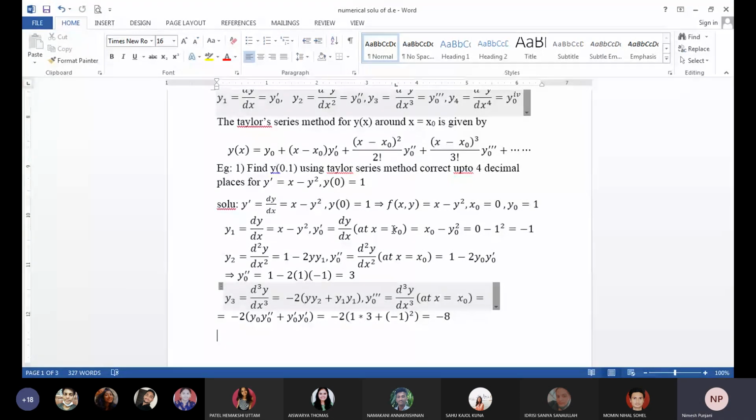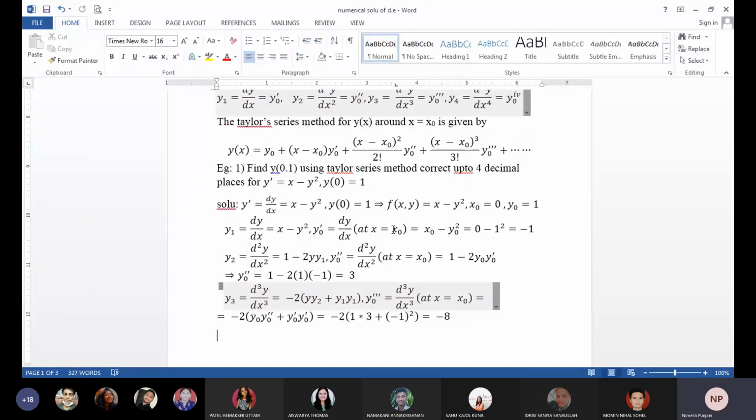Then x0 is 0, y0 is 1. This is what we get by comparing with equation star, the general form of the initial value problem.